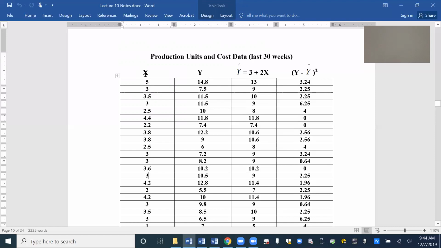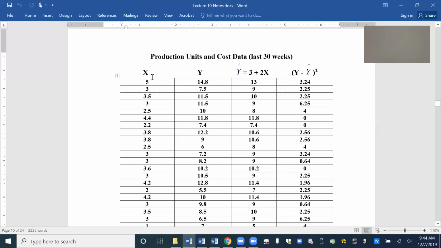Why did I pick the quantity produced as what I asked? Well, there should be a close relationship between the quantity produced and the cost of production. Accounting theory says it. You know, it's fixed cost plus variable cost times quantity produced. And the other thing is, we know what X is going to be.